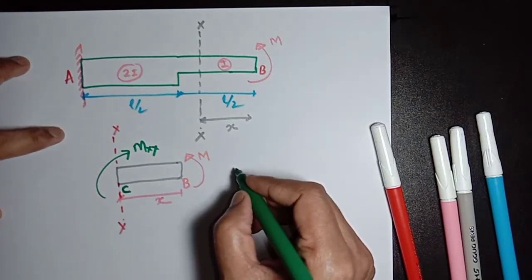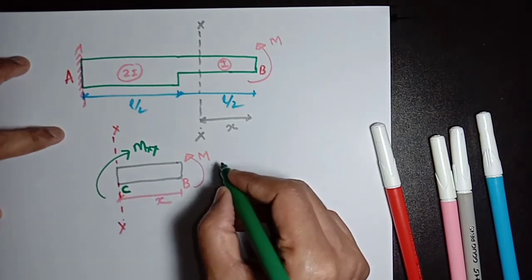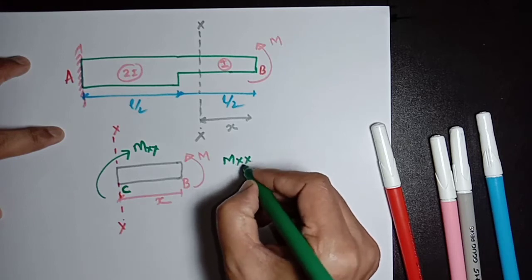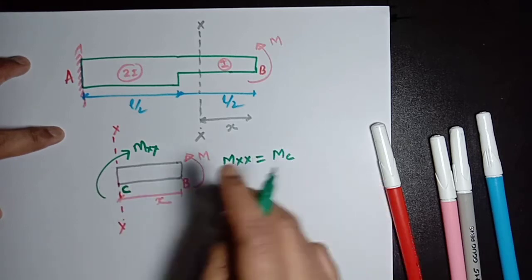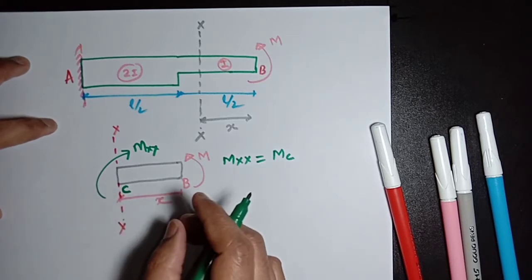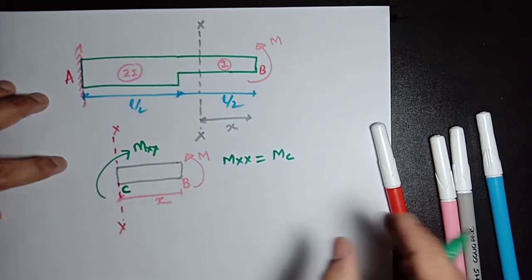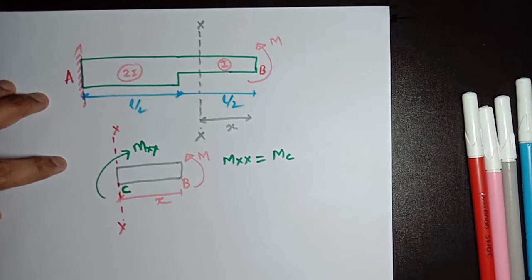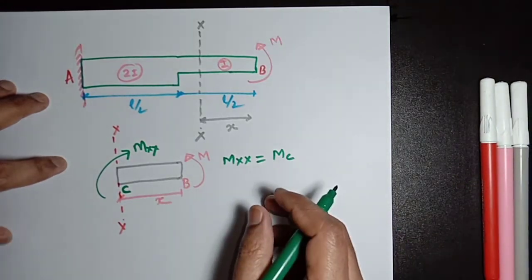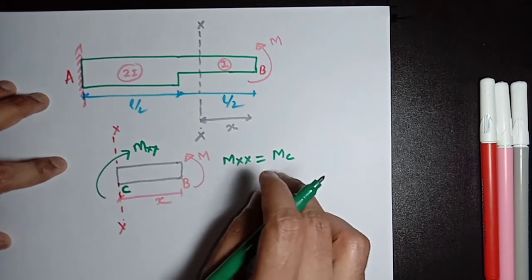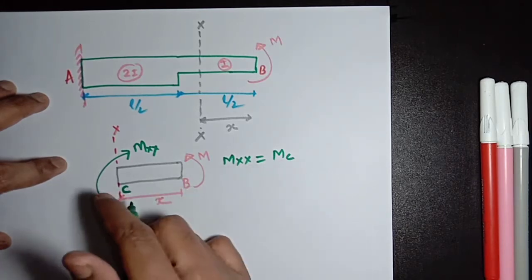So our main objective is to find Mxx, I mean at section XX, or you can say Mc at point C, so that we can find the general expression for drawing the bending moment diagram. So here we need to find the bending moment at point C.